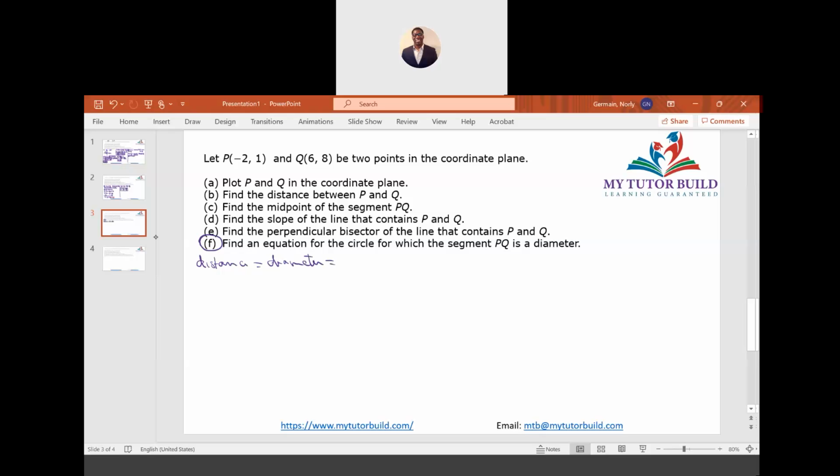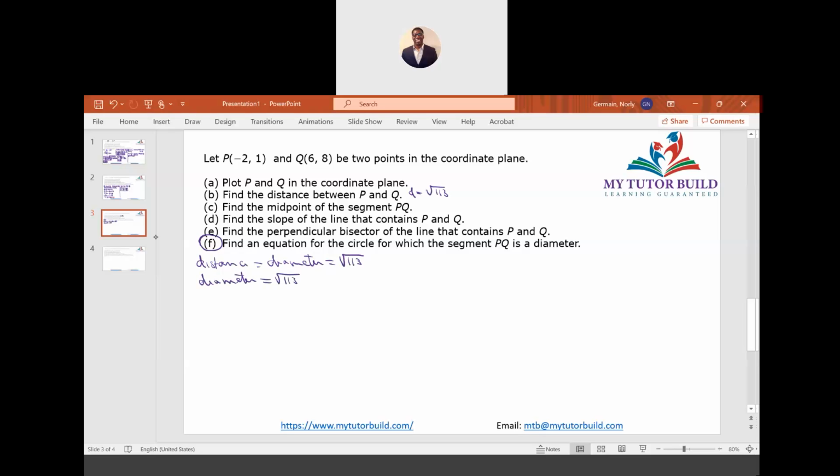So what is the diameter? When we were looking for the distance, D was square root of 113. Now the diameter is square root of 113. So I can say diameter equals square root of 113.